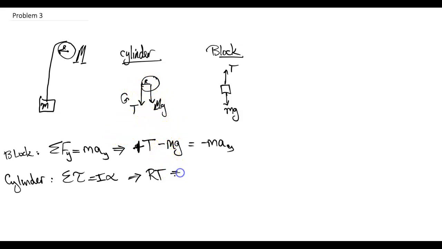That's going to equal, and it's counterclockwise, so it's positive, I alpha. So if we look up the moment of inertia for the disk around its center, again, we will find out that it's 1/2 big M r squared. That's alpha.